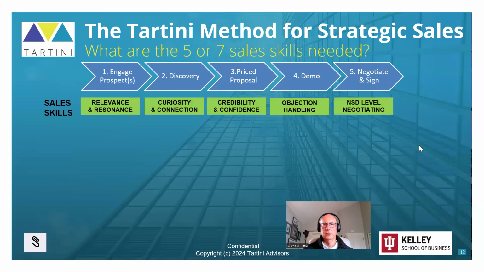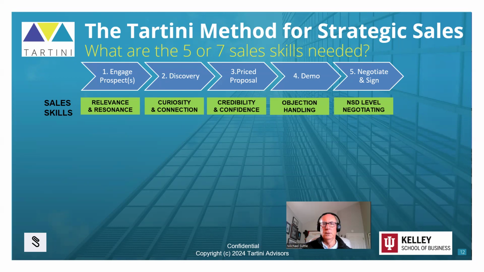And the purpose of this session and the Tartini method for strategic sales is to develop these sales skills in green. I usually talk about how the opening, engage a prospect, demonstrating some relevance and resonance and empathy. It's a very different skill set and process from what comes at the end, which is NSD level negotiating.